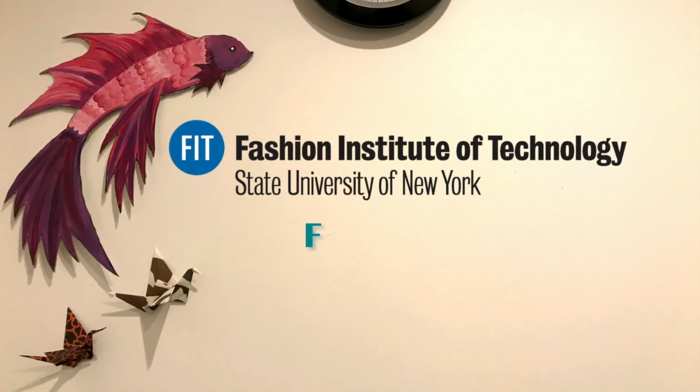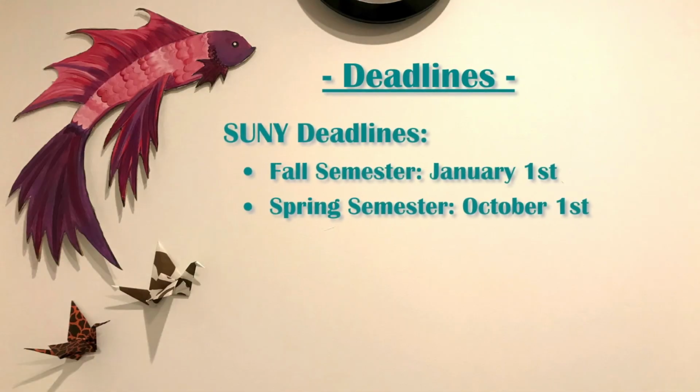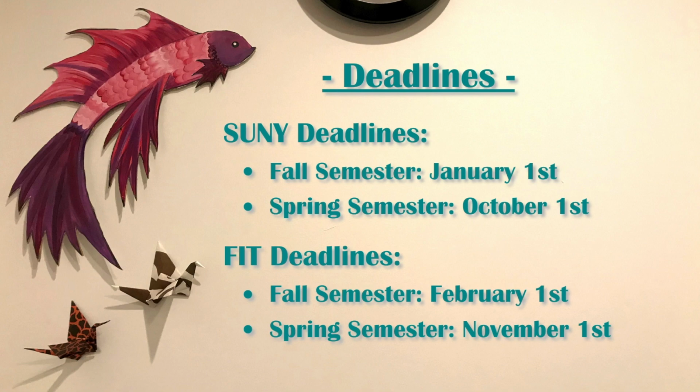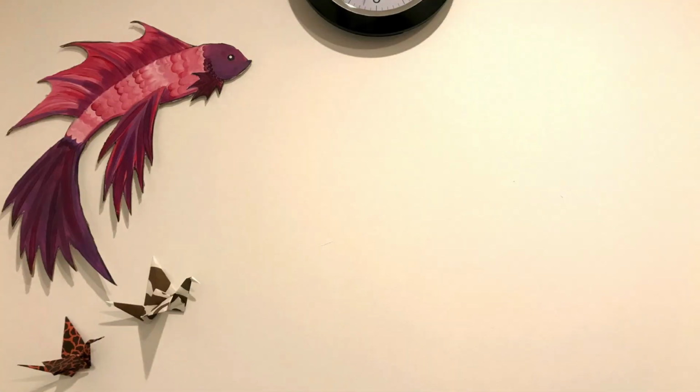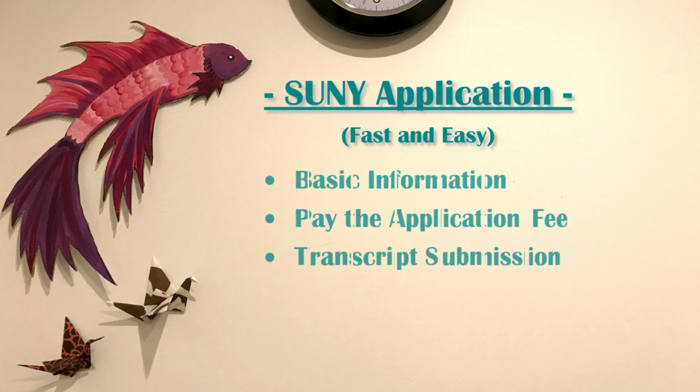So to help, let's review what you've learned so far. The first thing I mentioned was making sure that you call the Fashion Institute of Technology FIT and not FIT. The second thing I mentioned was the deadlines. Since we put them in our calendars together, we're good to go with that. The third thing that I mentioned is the SUNY application and how fast and easy it is to do.